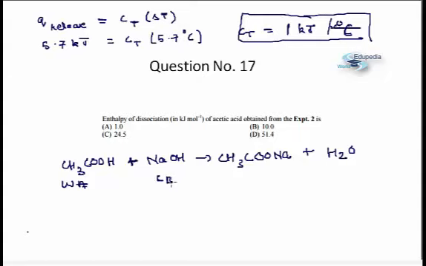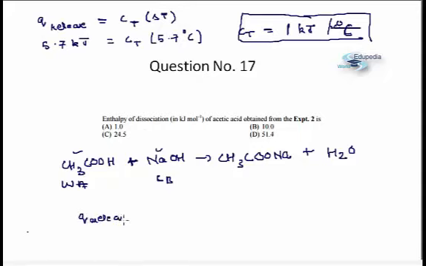So obviously you must remember that weak acids utilize some part of the energy for their ionization. So in case any one of the components, either the acid or the base, is weak, then the heat released is less than that for a strong acid-base, which in this case happens to be 57 kilojoule per mole. So now first of all, let me calculate the heat released in this case.